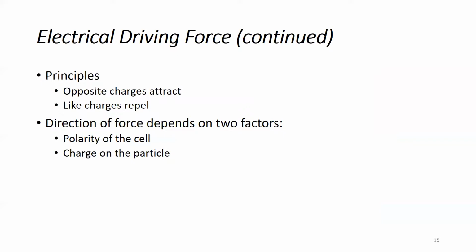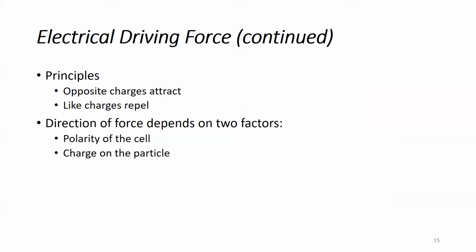Alrighty, so the principles that dictate the electrical driving force are basically opposites attract, right? Opposites attract, whereas like charges repel. This is something we should know from high school physics. Opposite charges are going to attract.